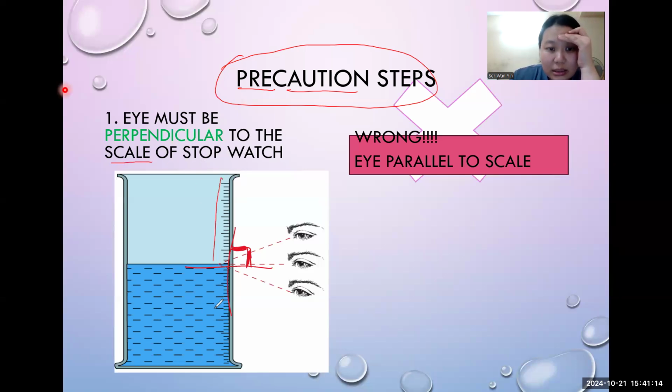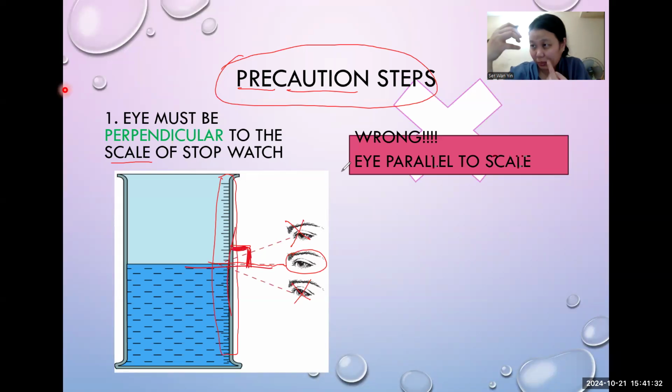For example, this is the scale, and this is your eye. Your eyes must be perpendicular, cannot be lower, cannot be higher. So when you look at the stopwatch, please watch like this, don't watch like this. Watch perpendicular to your eye, really. Sometimes there is really a difference.